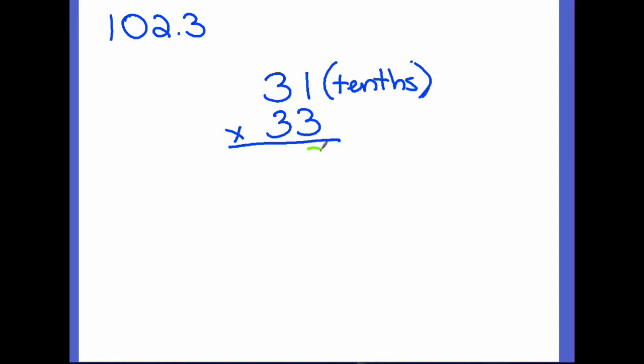Okay, so we're going to do 3 times 1, which is 3, and then 3 times 3 is 9, and then you're going to carry a 0, and then 3 times 1 is 3, 3 times 3 is 9, 3 plus 0 is 3, 9 plus 3 is 12, carry the 1, 9 plus 9, and then if you add the 1, 10, and then the tenths, so you're just going to add a decimal.